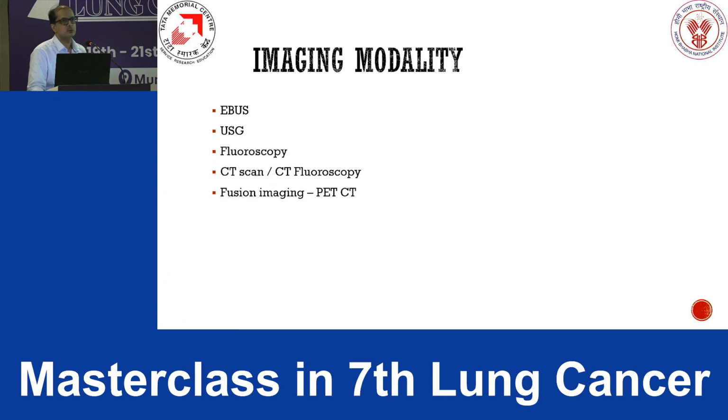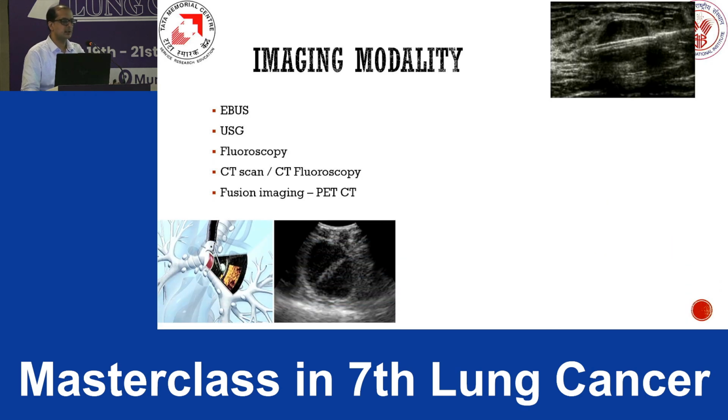What are the imaging modalities available today for doing biopsy? Either it would be EBUS guided, that is endobronchial ultrasound guided, and we can take samples from that. When we do ultrasound guided, that is for lymph nodes. When we see a supraclavicular lymph node, we can target it with ultrasound.